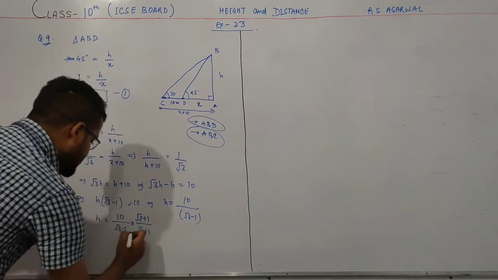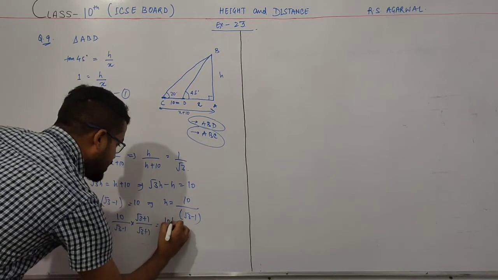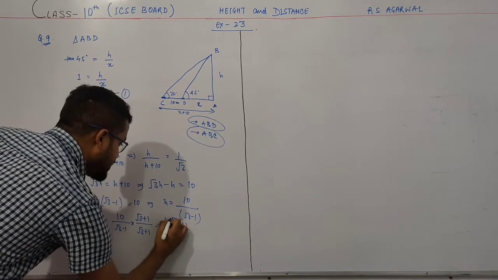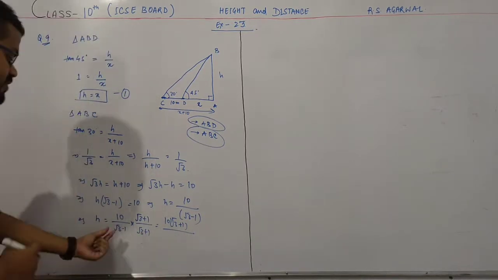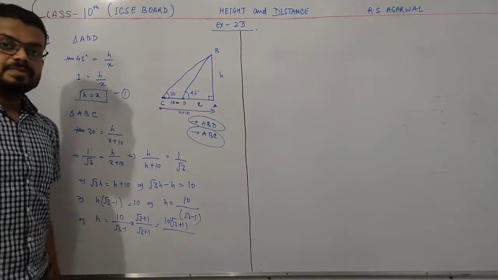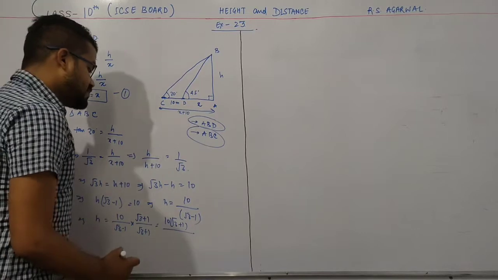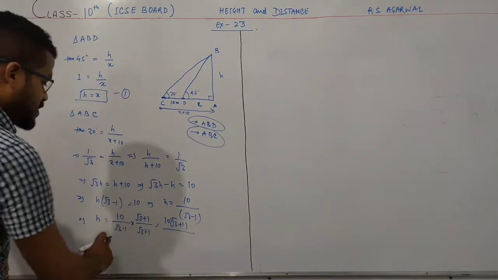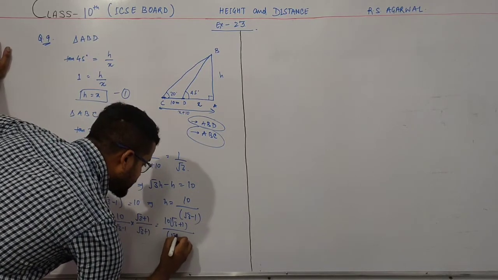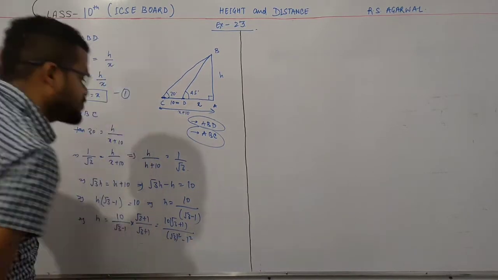So this is 10 times root 3 plus 1 upon root 3 minus 1 times root 3 plus 1. So a minus b and a plus b, the formula of a minus b and a plus b is a square minus b square. So I write here root 3 square minus 1 square.